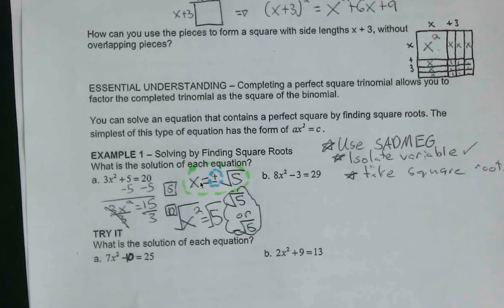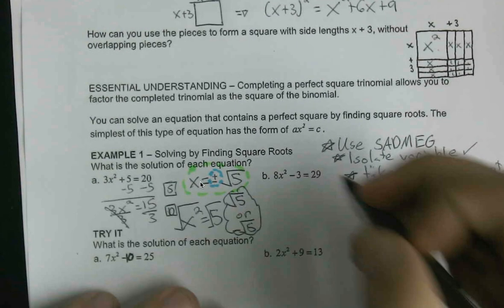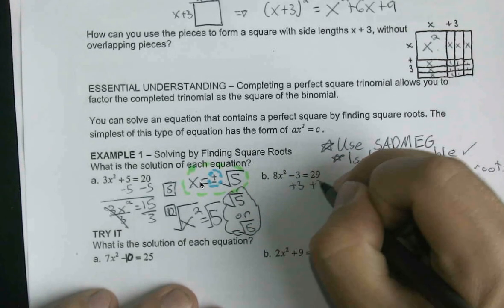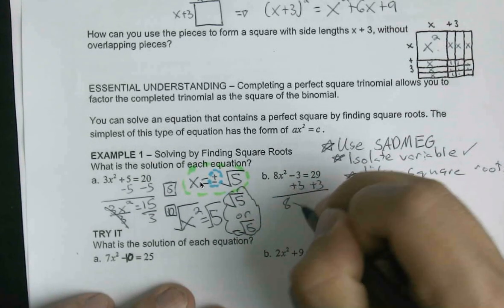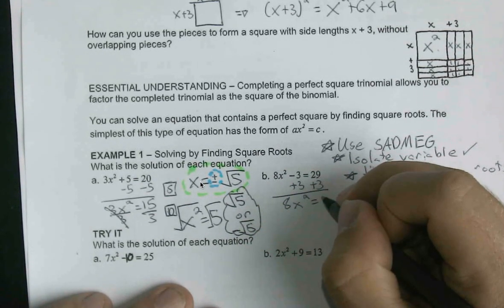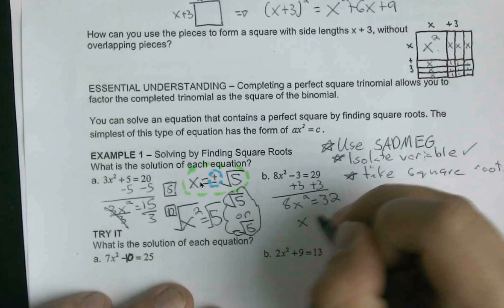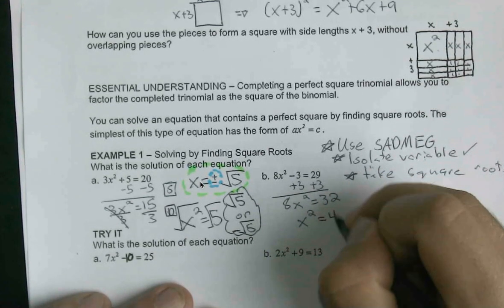I'll give you a moment to solve the next few. If we solve for b, adding 3 to both sides, x squared now equals 32. Dividing further, x squared equals 4.